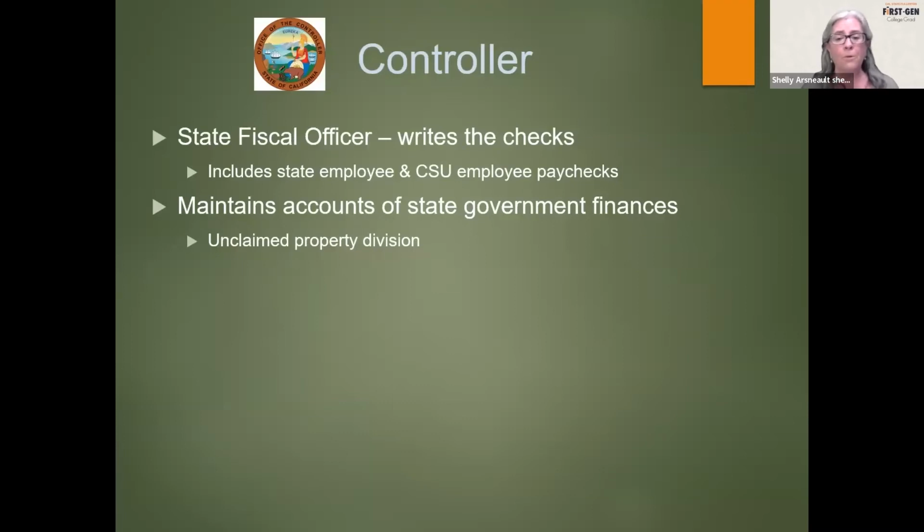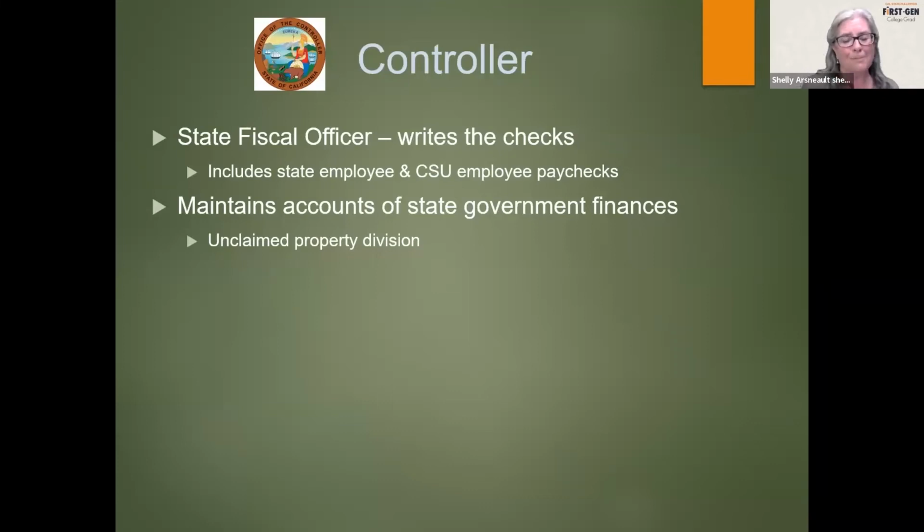So the unclaimed property division of the state controller's office: let's say you had a tax rebate or a refund and you never cashed it for some reason. If you were doing some banking and a bank went out or they merged and you never picked up your money there, the controller's office maintains this.